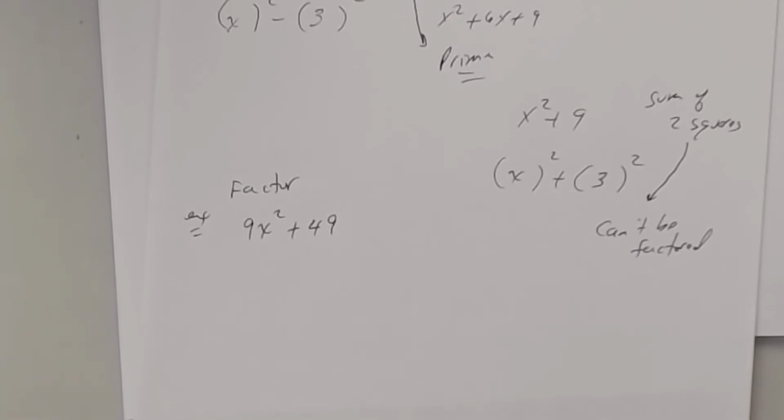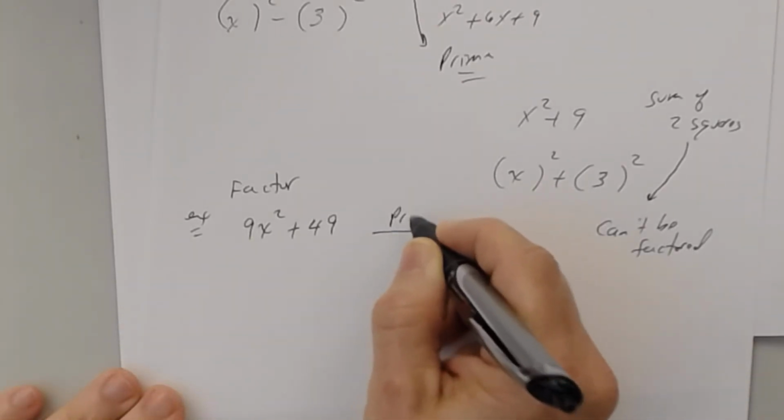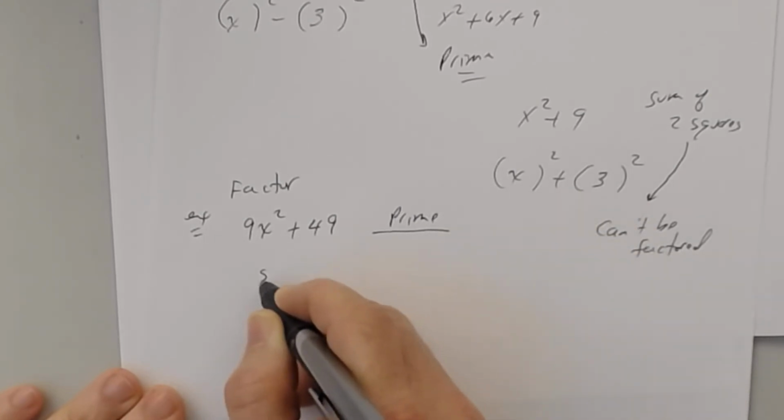The only thing we know about two terms so far is, is it the difference of two squares or is it the sum of two squares? Is this the difference of two squares? You better say no right away because you don't see a subtraction symbol. So it cannot be the difference of two squares. That only leaves, is it the sum of two squares? Yes, it is. But what do you notice about the sum of two squares? It can't be factored. So you just say prime. This is prime because that's the sum of two squares.